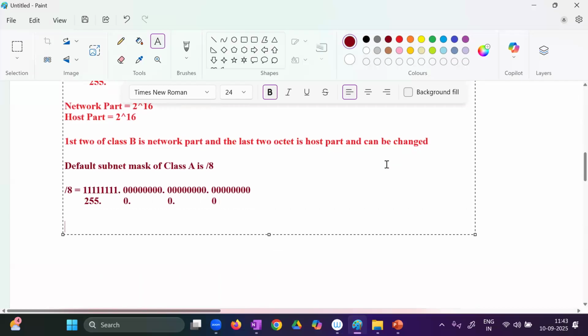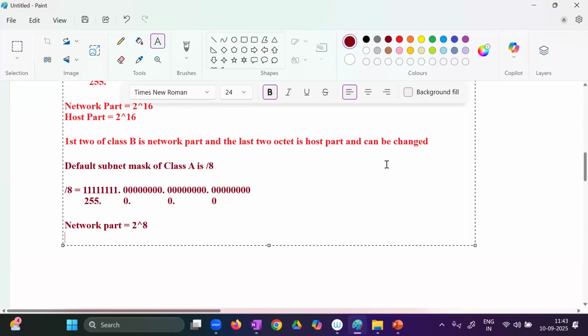Right? So in this, what happened? What is the network part? Network part is equal to 2 to the power 8. And host part is what? 2 power 24. 8 plus 8 plus 8, right? 24. So here, what is the option?